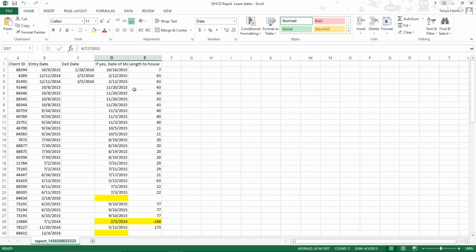Now also, for those of you on the call, HUD has said that if you have clients in an emergency shelter program and you are also running a rapid rehousing program, their entry date into rapid rehousing is not their lease date, because HUD expects you to be house searching for those clients while they're staying in your emergency shelter.